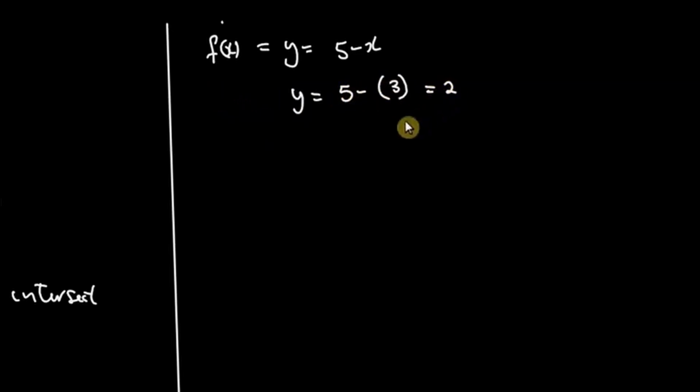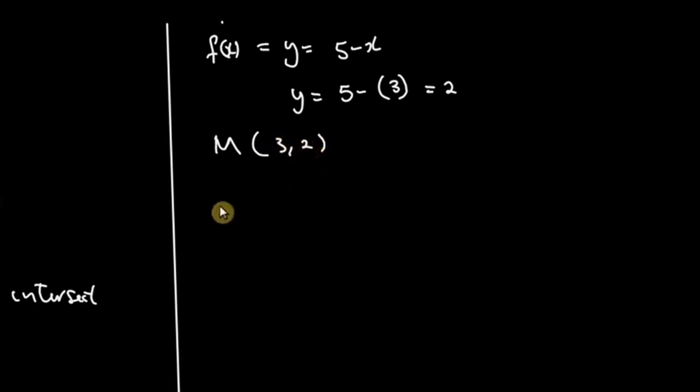So given that f of x, which is equal to y, is equal to 5 minus x, we can say that when x is equal to 3, we can write y is equal to 5 minus 3 equal to 2. So if we call this first intersecting point M, then the coordinates are x is equal to 3 and y is equal to 2.